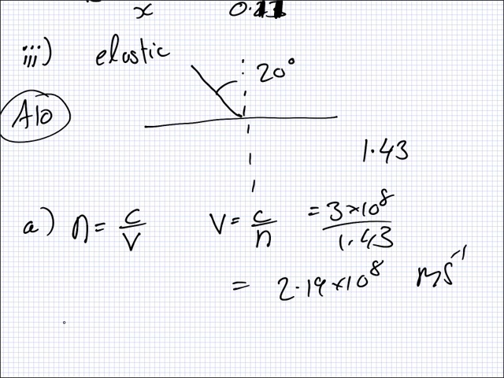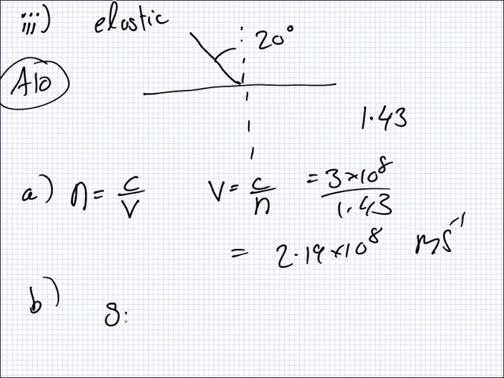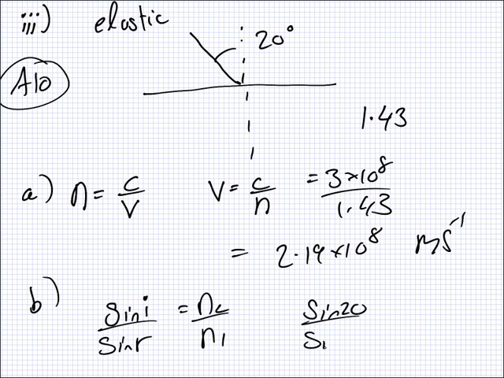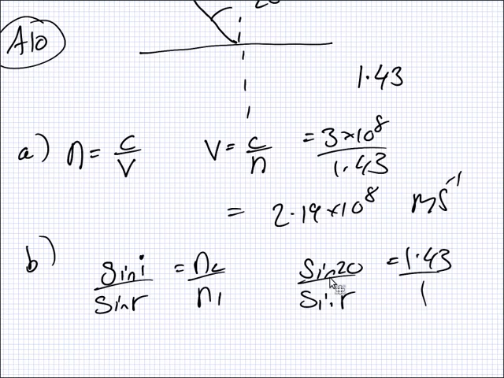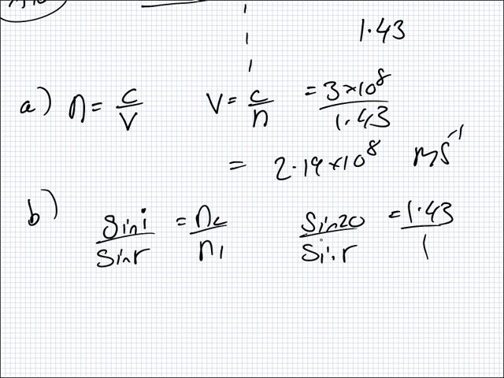Right, what's next? B. Determine the angle of refraction of the ray as it enters the block. So that's sine i over sine r equals n2 over n1. So that's sine 20 over sine r equals 1.43 over 1. I assume it's coming from air or something like that.